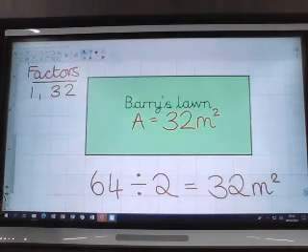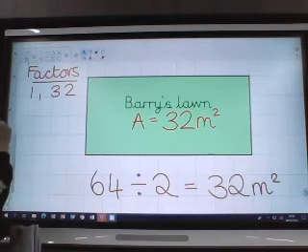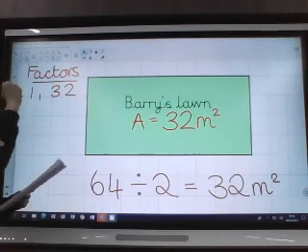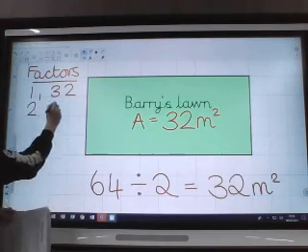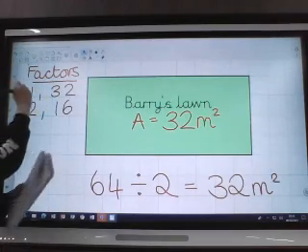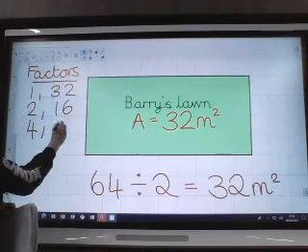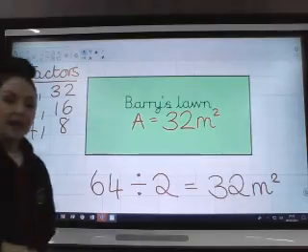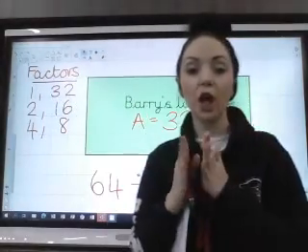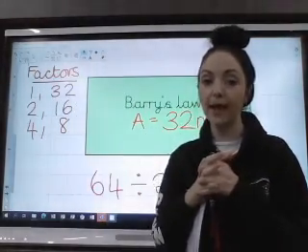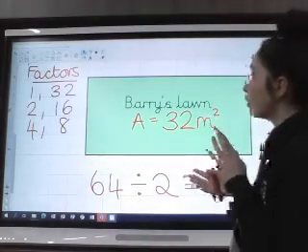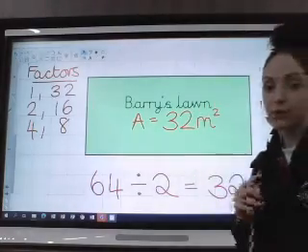Okay, it could be 2 and 16, couldn't it? And it could be 4 and 8. Okay, so they are my factor pairs. They are all the numbers that go into 32. Okay, so they are all our possible measurements.